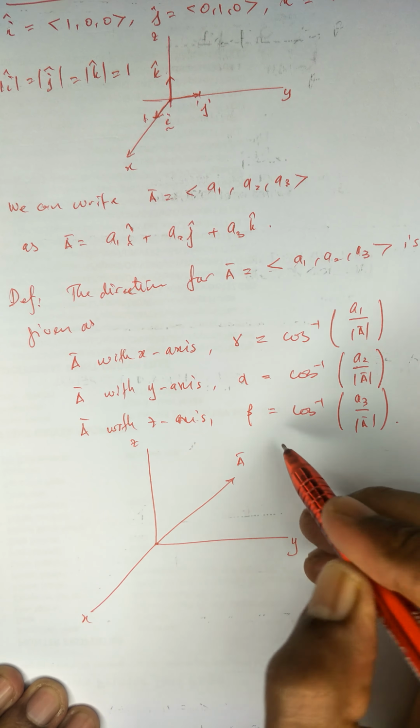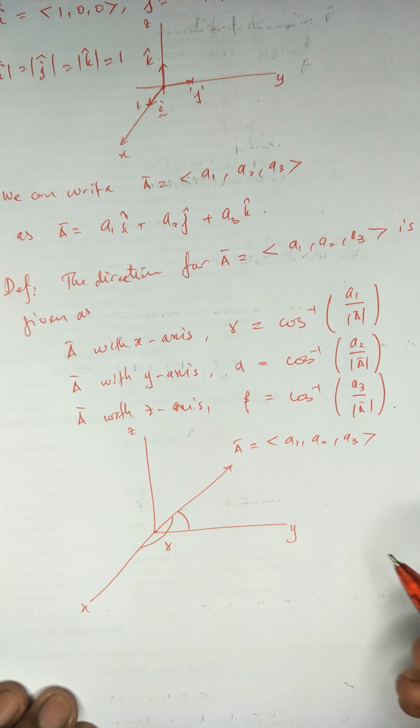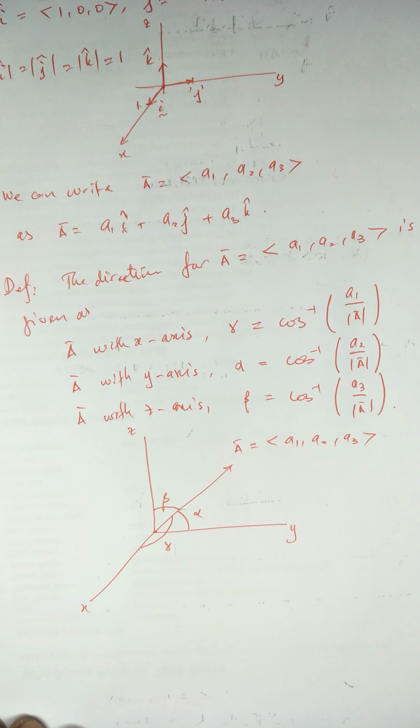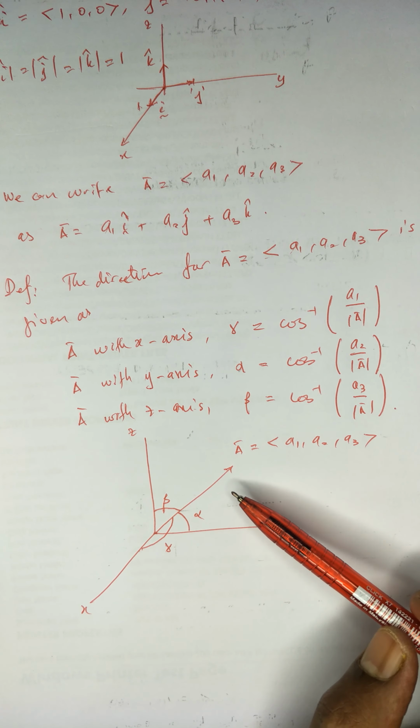Then the direction of this vector A is determined by the angle of that vector with the x-axis, let's call this gamma, with the y-axis as alpha, and with the z-axis as beta. So in order to determine the direction of the vector in space, we need to determine gamma, alpha, and beta.